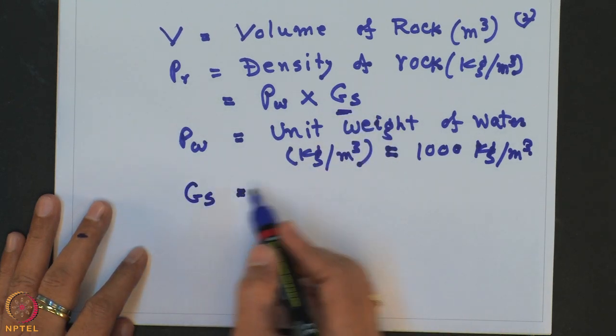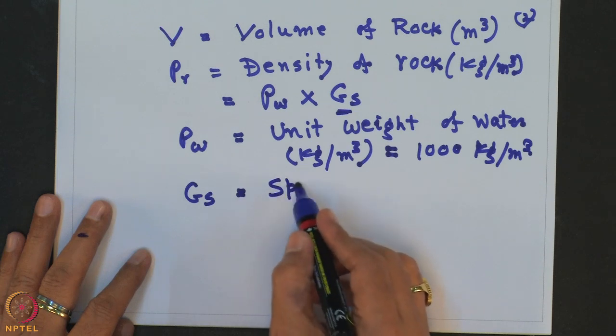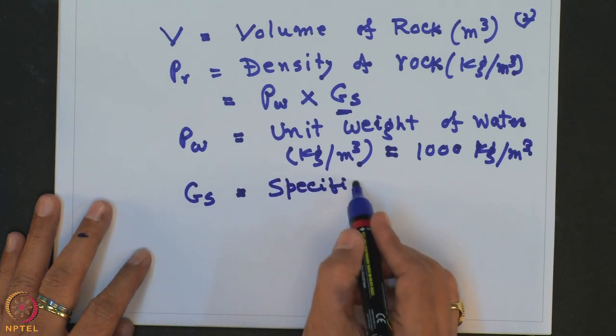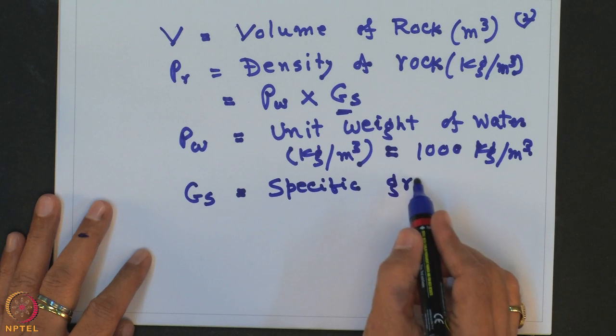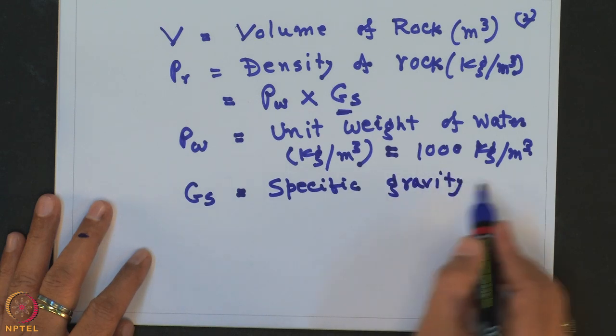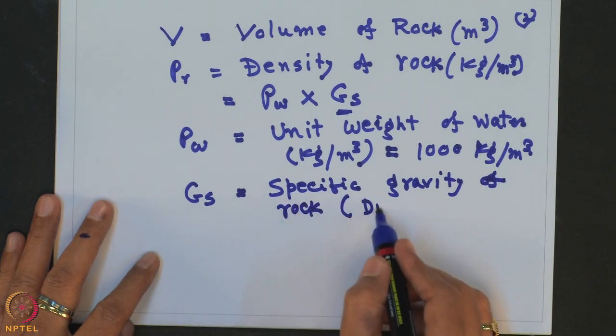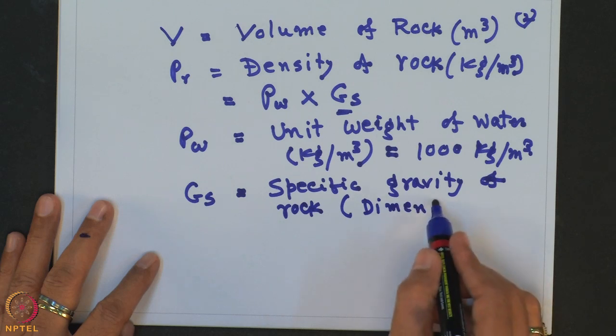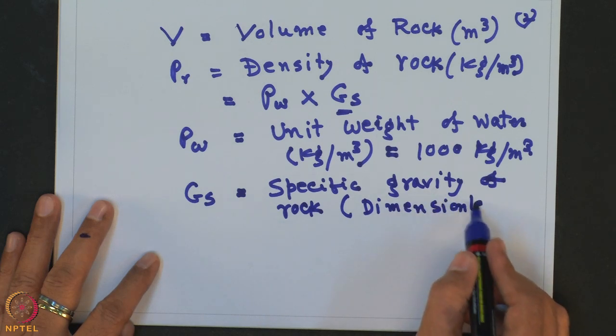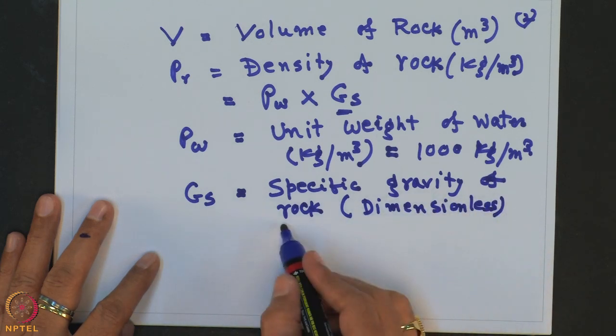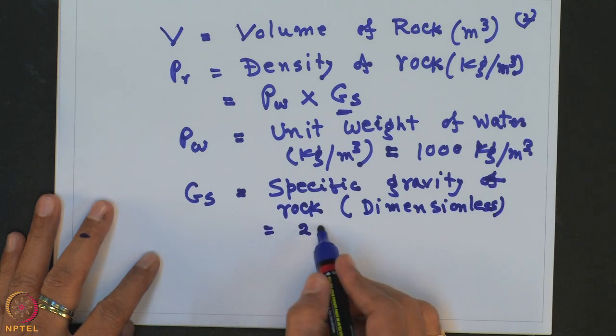Gs is equal to specific gravity of rock, which is dimensionless, and that is equal to 2.7.